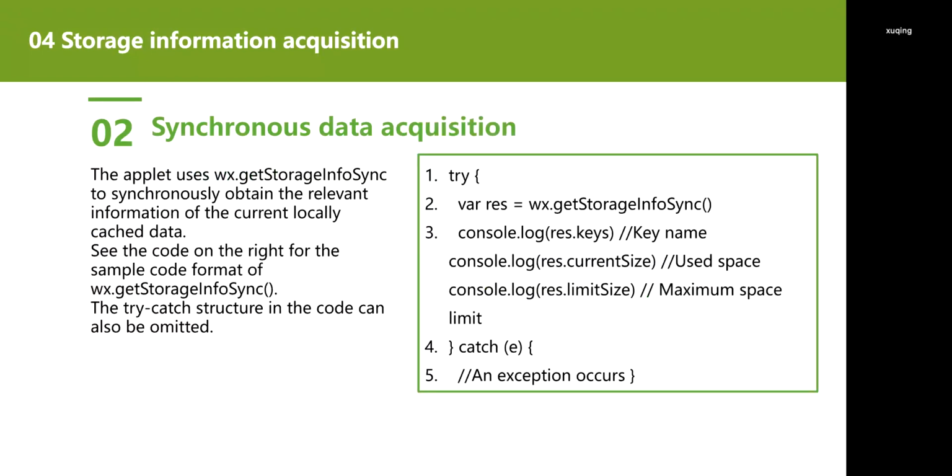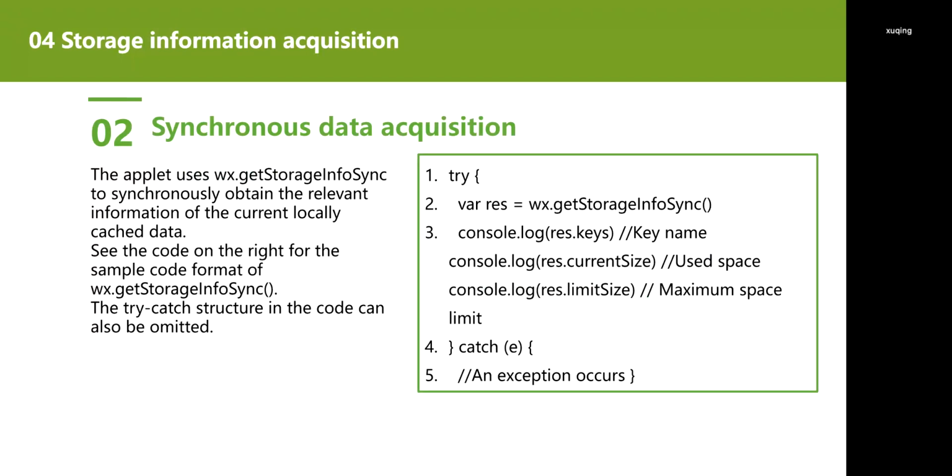Here, we'll see synchronous data acquisition. You see the applet usage. WeChat get storage info sync synchronously obtains the relevant information of the current locally cached data.